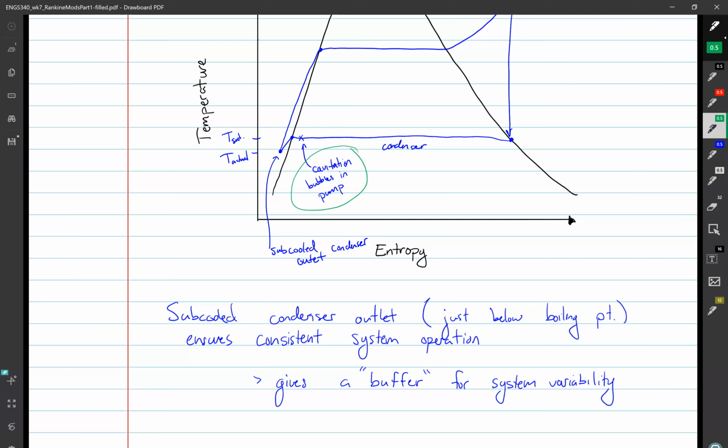So this is just a practical limitation to be able to get more consistent system operation.